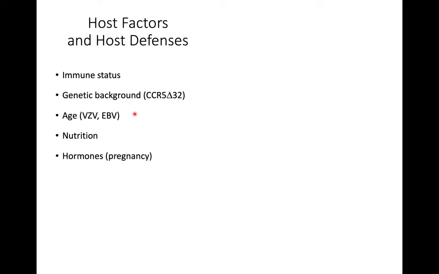Hormones also play a pretty important role, especially during pregnancy. Those hormonal changes alter the immune status, and so you can be more susceptible to various types of infections at different times of your life based on the hormones your body is producing. Pregnancy is one of those times that you can get infected really easily because your immune system is decreased.